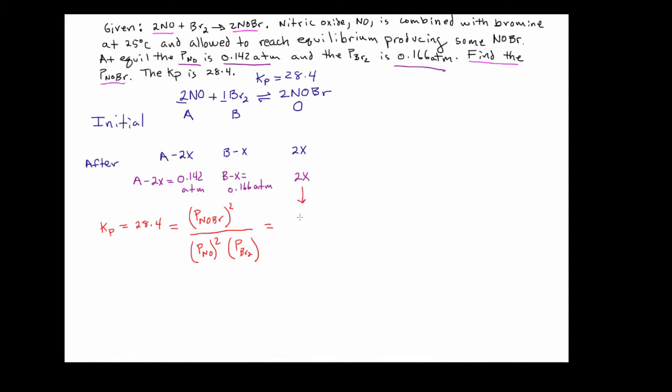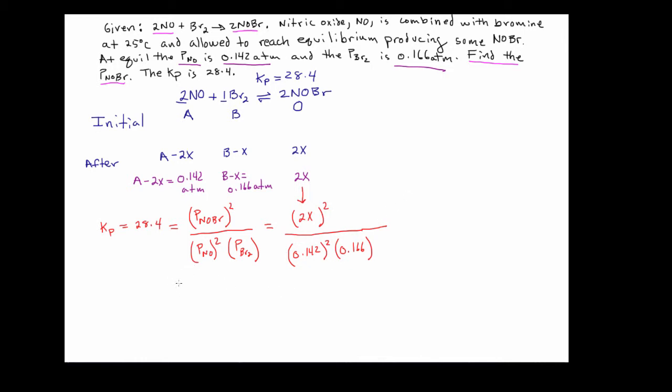So the 2x is going to be in the parentheses. This is quantity squared. All right, and then the partial pressure of NO is 0.142 atmospheres, quantity squared, and the partial pressure of the Br2 is 0.166, quantity raised to the first power.